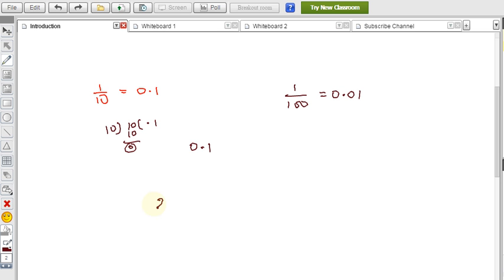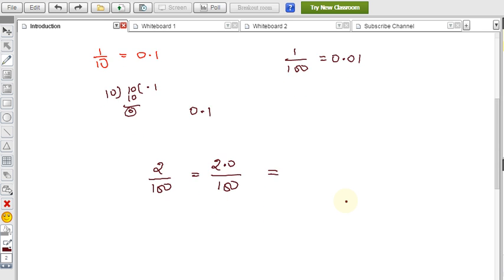That means 2 I can write as 2.0. So 2 by 100 is equal to 2.0 by 100. Because the denominator is 100, the point should move to the left, 2 steps: one step, and one more step. Because of the 2 zeros, we take 2 steps, and the previous place is 0.